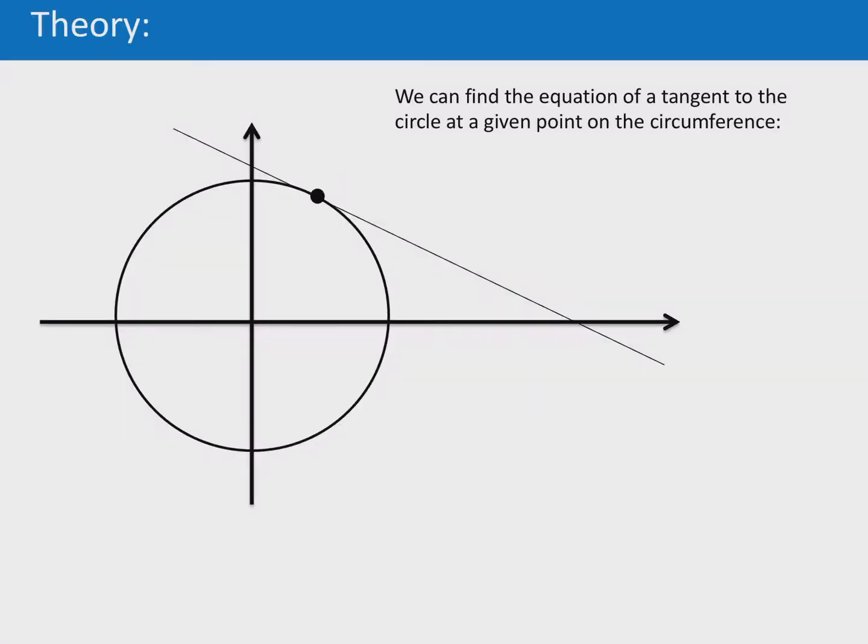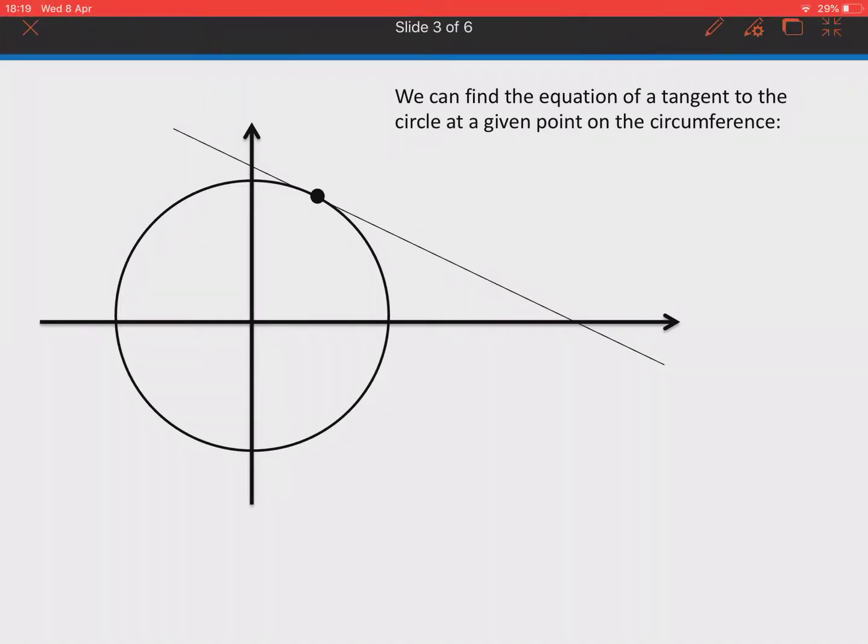So here's the theory. We're going to find the equation of a tangent to a circle at a given point. So if we're given that this point is xy, we're going to find the equation of this tangent to the circle at that point xy.